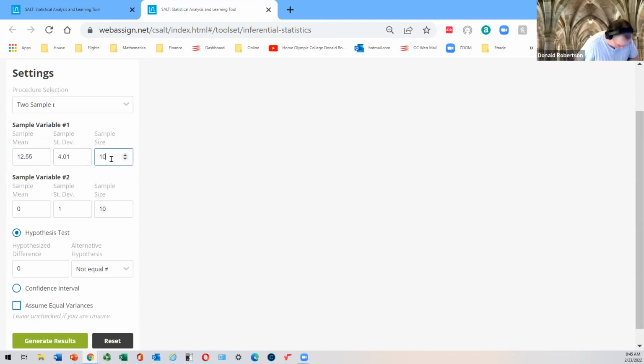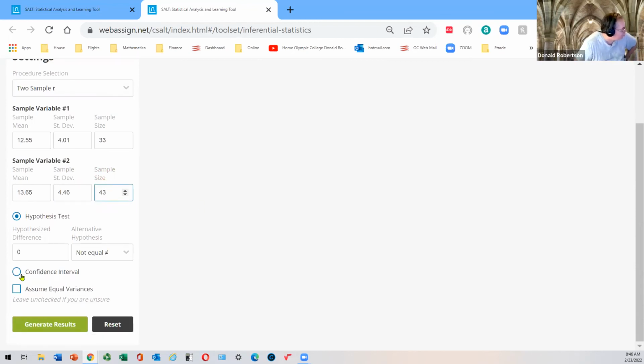And then the sample size was 33. And then you go here and you do a sample mean of 13.65. And standard deviation is 4.46. And sample size was 43.